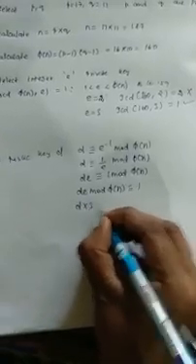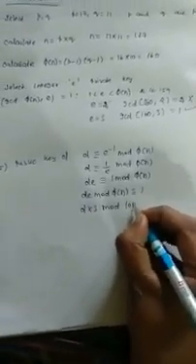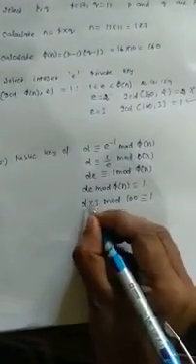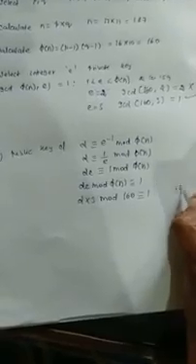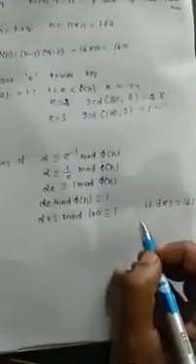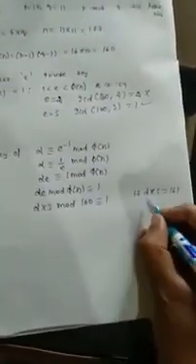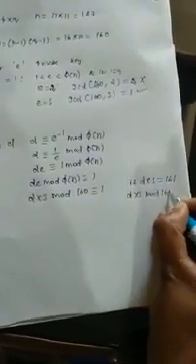So D into 3 mod 160, we already got phi of n as 160, equivalent to 1. We get D into 3 mod 160 equivalent to 1 if D into 3 equals 161.